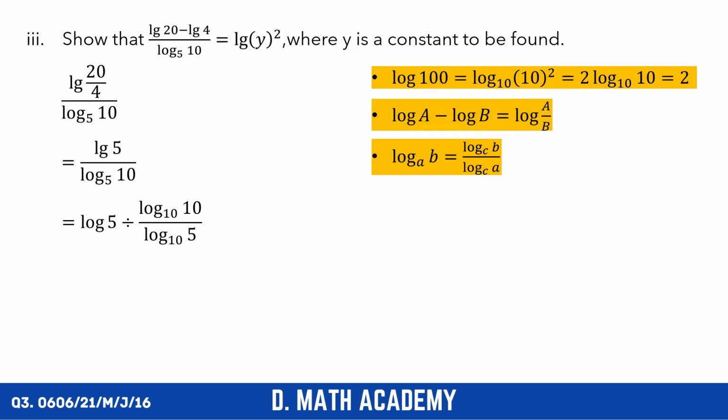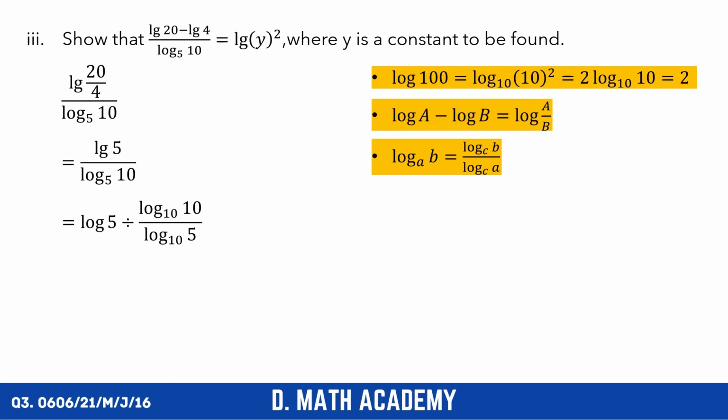So I've written it down, log 20 divided by 4 over log 5, 10. I then move on to change the base. So log 20 divided by 4 becomes log 5.